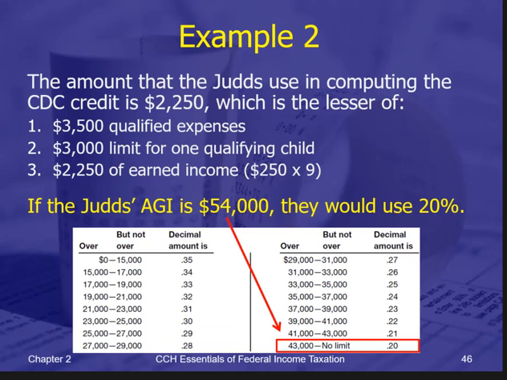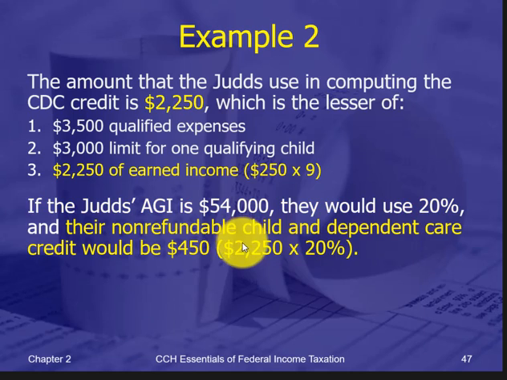So back to the Judds, they had the lower of the 3 was 2250. Their AGI is 54,000. That puts them over 43, and there's no limit on how much, they would only use 20%. So it'd be 20% times the 2250 to calculate their credit. All right, $450.